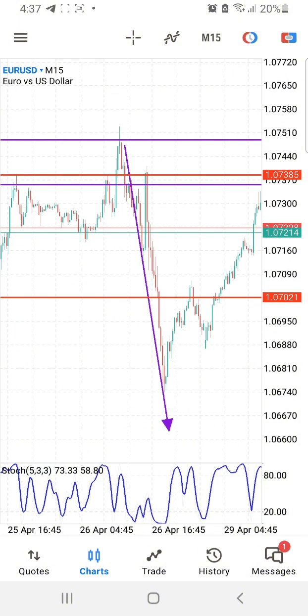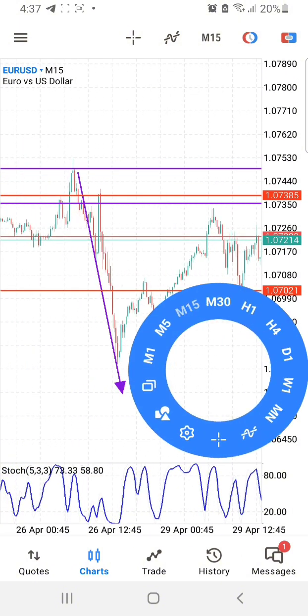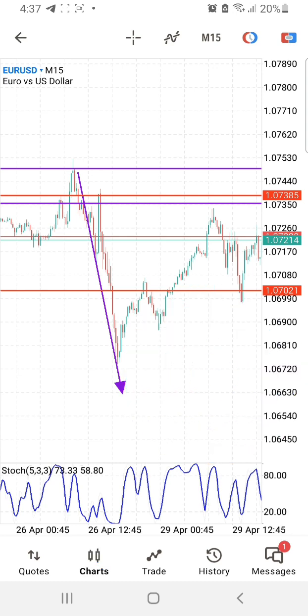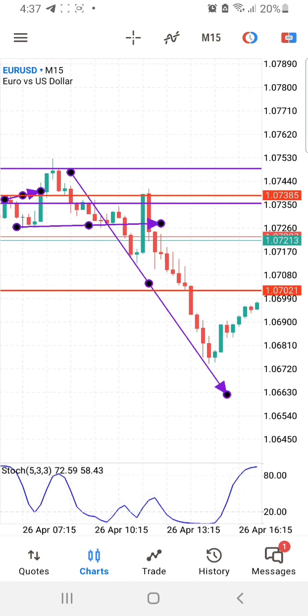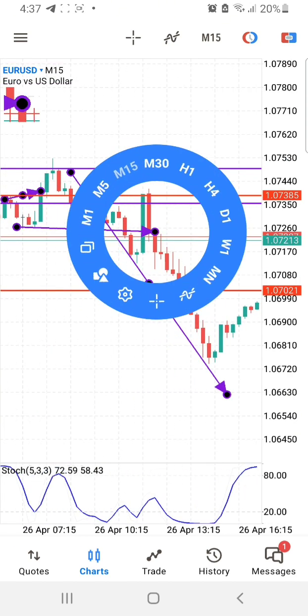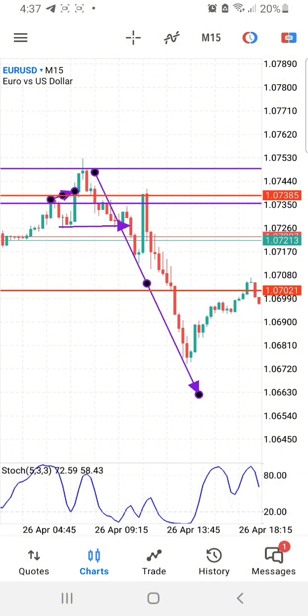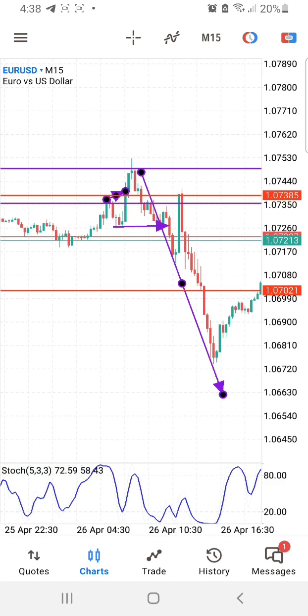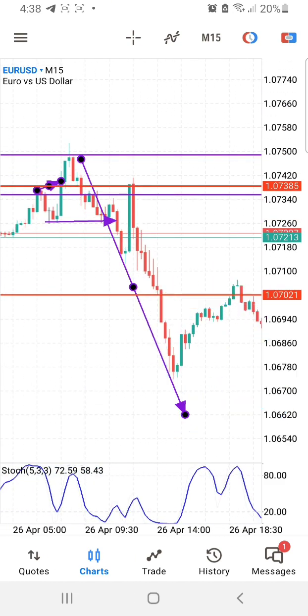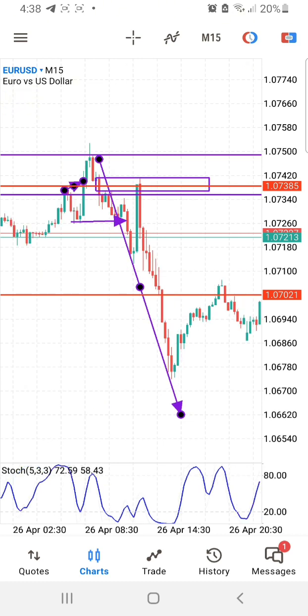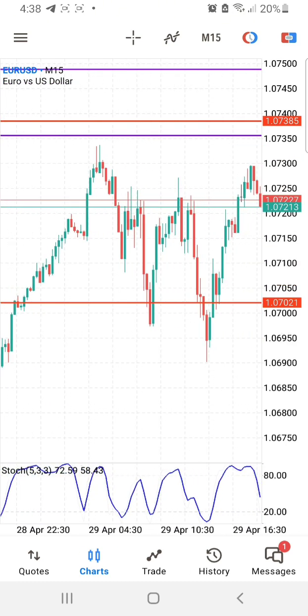And in ICT terms, I guess this would be the change of character, right? This is a change of character right here. As you can see, that's where the change of character will be. That is the change of character. And the move has already happened, because this is it. That's where the market is.